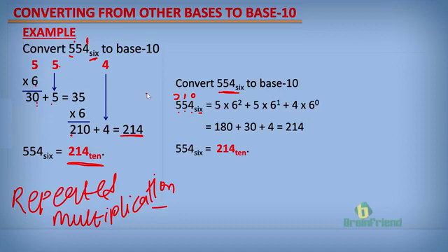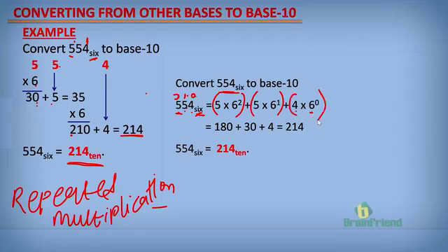So what we do is, we have 5, which is the first number 5, times the base 6 raised to the power 2. You can put this in a bracket. The next number is 5. We multiply this by 6, which is the base, and we raise 6 to the power 1. And then the next step is 4 times still that same base, 6 raised to the power 0.